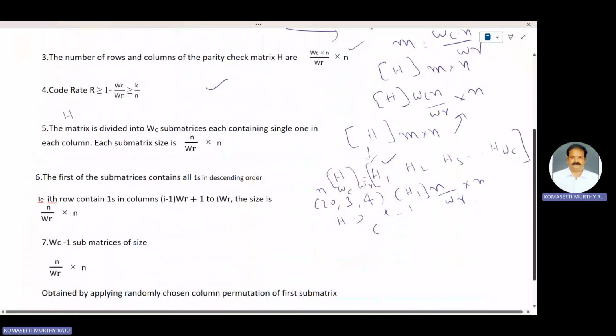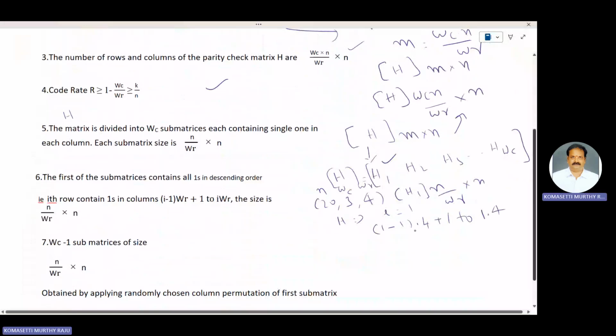(I minus 1) into WR plus 1: 1 minus 1 is 0, 0 into 4 is 0, plus 1. Then 1 to I into WR: I means first row, into WR means 4.